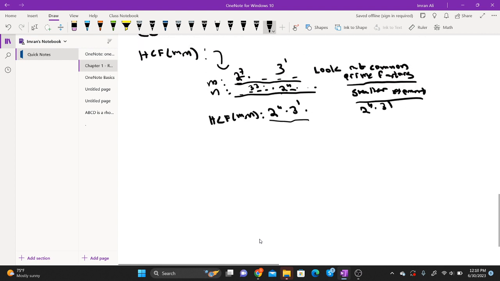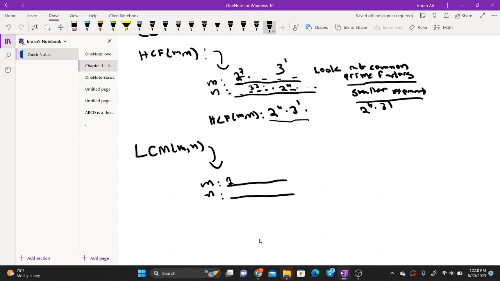LCM is a bit different. For the LCM, you again find the prime factorization of m and n. This time you look at the common prime factors and see which exponent is greater. So you have 2 to the 4, and then 3 to the 1 here and 3 cubed there. You look at the greater one this time.